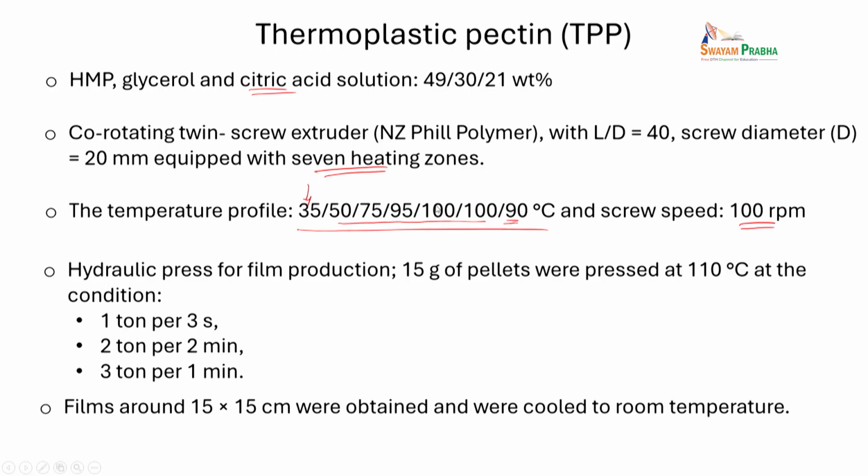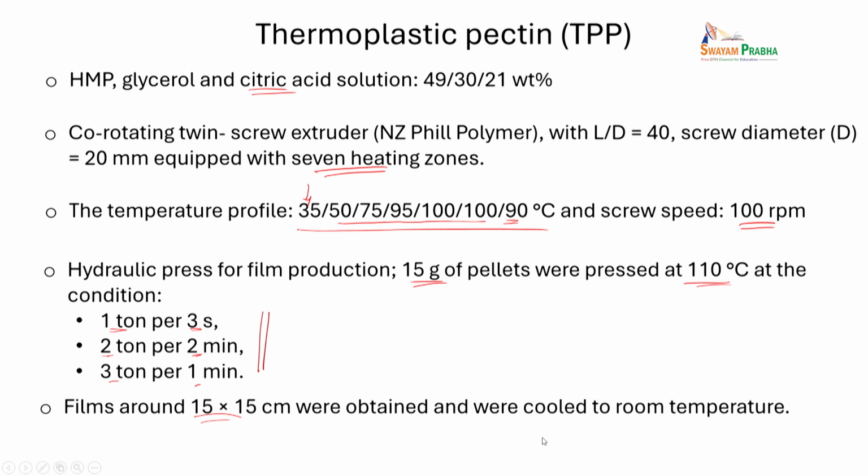This pellet is then thermocompressed using a hydraulic press to form a film, a sheet. They also looked at different conditions. 15 grams of pellets is pressed at 110 degrees Celsius at the following conditions: 110 of weight pressed for 3 seconds, or 210 for 2 minutes, or 310 for, these are different operating conditions, and they were able to get a film of 15 by 15 centimeters.